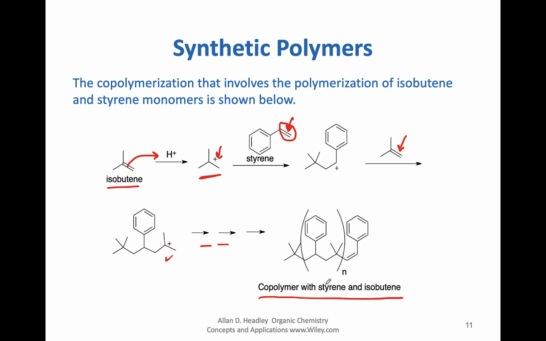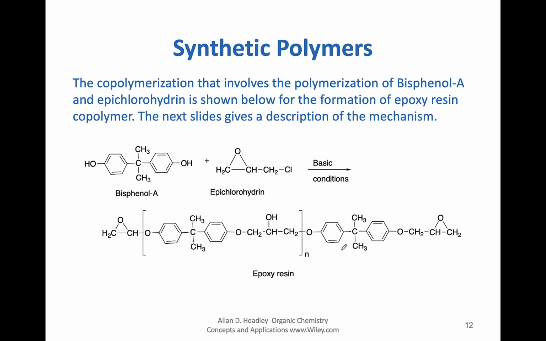As you can imagine, what's done in industry, they have available to them a wide range of different monomers. And by making different mixtures, they can get polymers of different quality and different properties. And that's why we have so many different types of polymers on the market today.